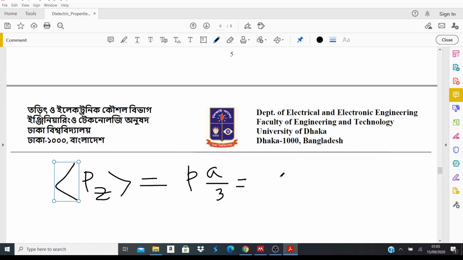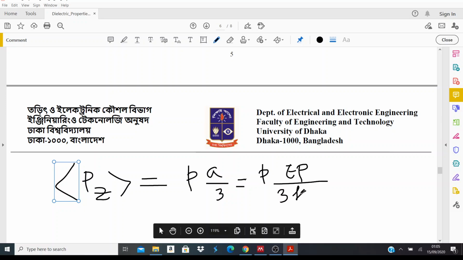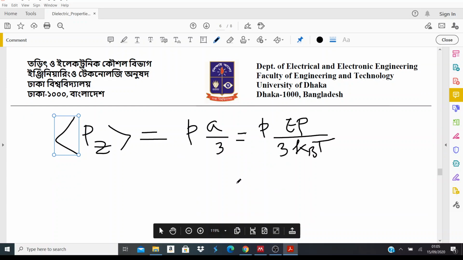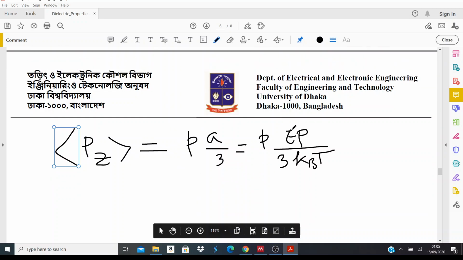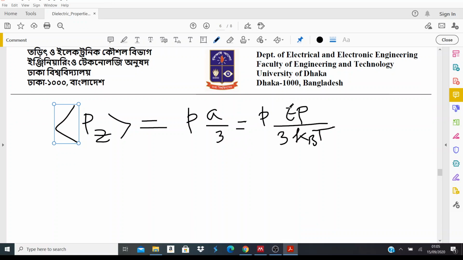And what is this a? If you recall, a is nothing but E p by kBT, and we have a factor of 3 here. E is the electric field. Now we have been writing E for a long time, but let me make it clear here.